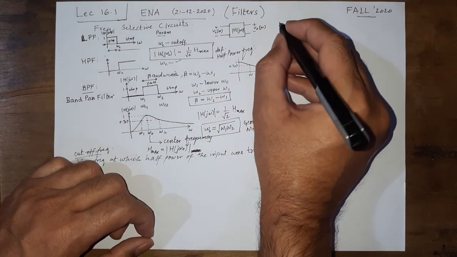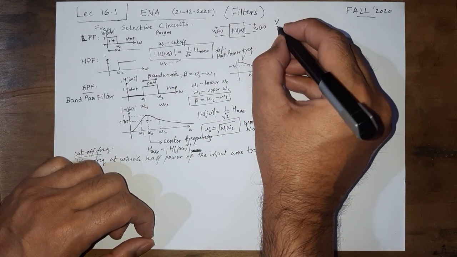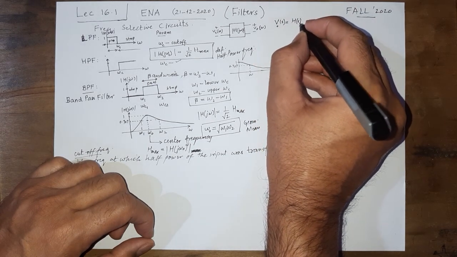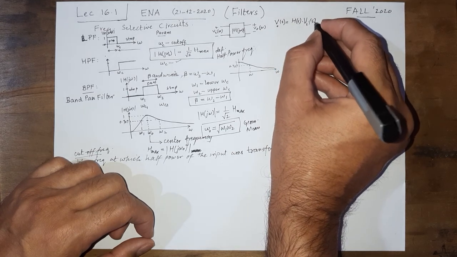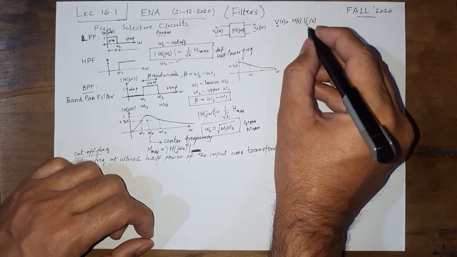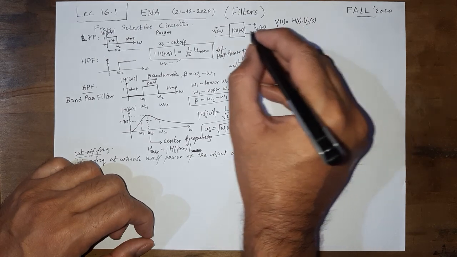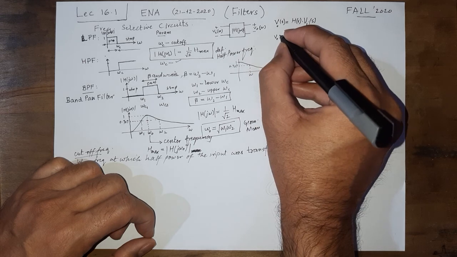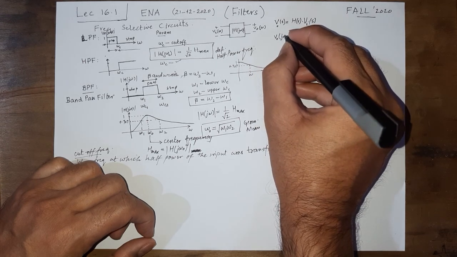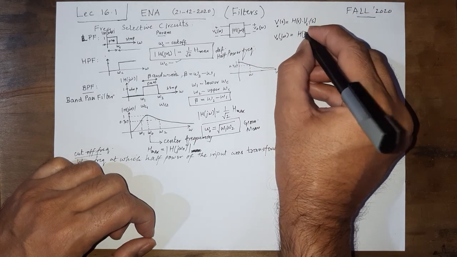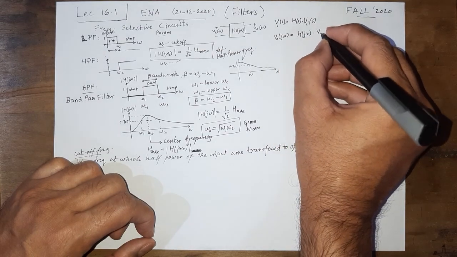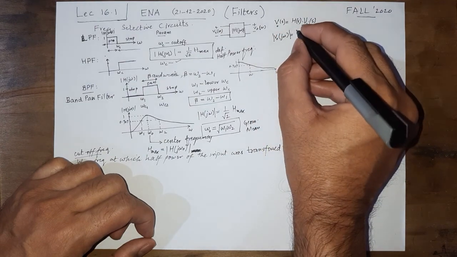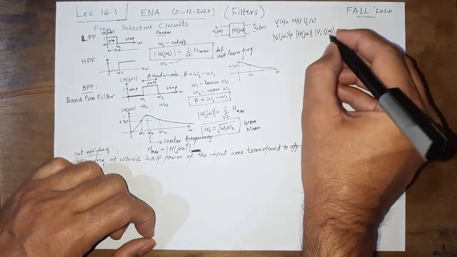If you remember, the output of a system in the Laplace domain, frequency domain, was equal to the transfer function times the input in the Laplace domain. So let us make these functions of omega: V naught of j omega is equal to H of j omega times Vi of j omega. If we are looking at their magnitude responses, then we are dealing with the magnitude.